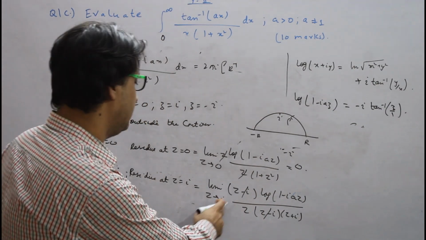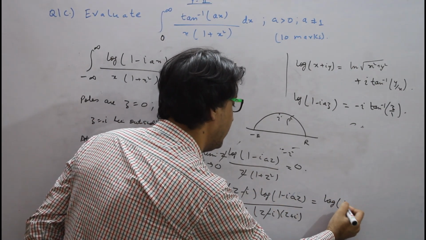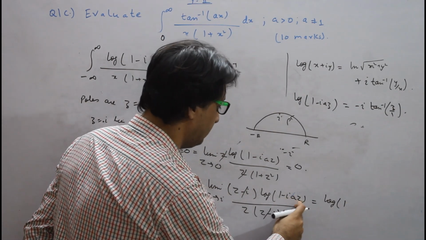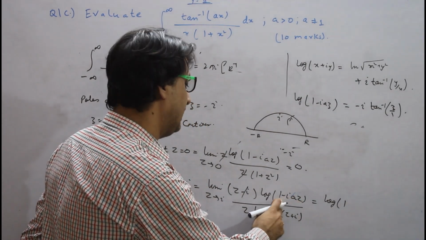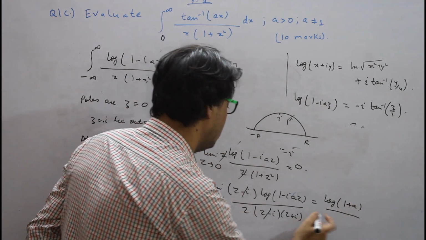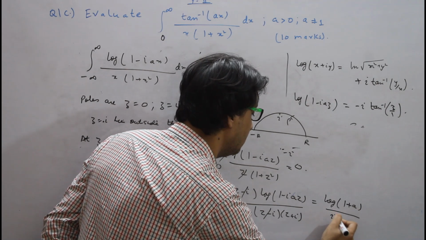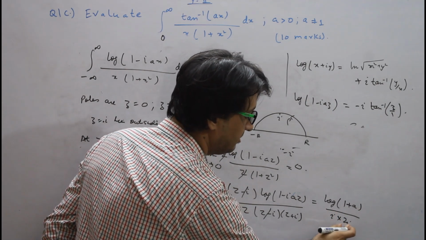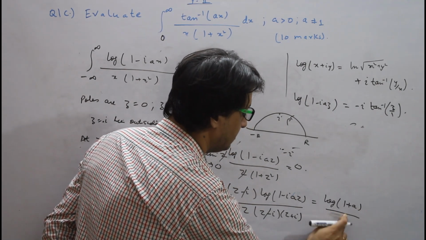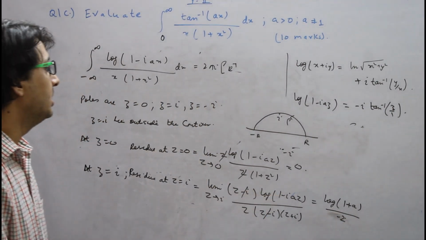We will put the value of z. So this becomes log of (1 minus i squared a), and i squared is minus, so minus and minus become plus. And here in the denominator, i into 2i gives 2i squared, and i squared becomes minus, so this becomes minus 2. So we have found the residue.